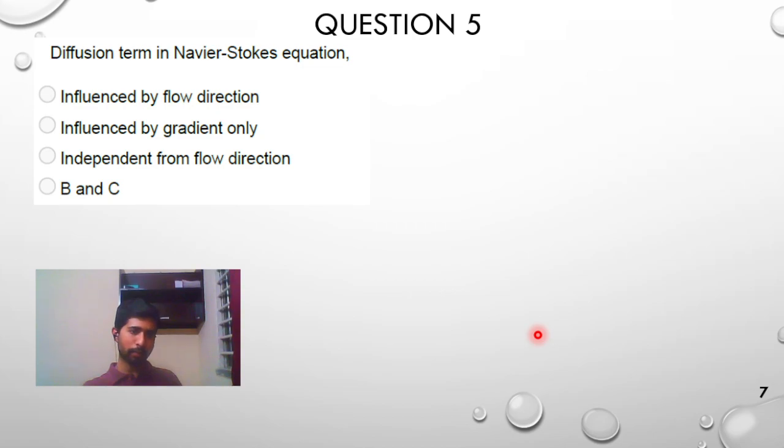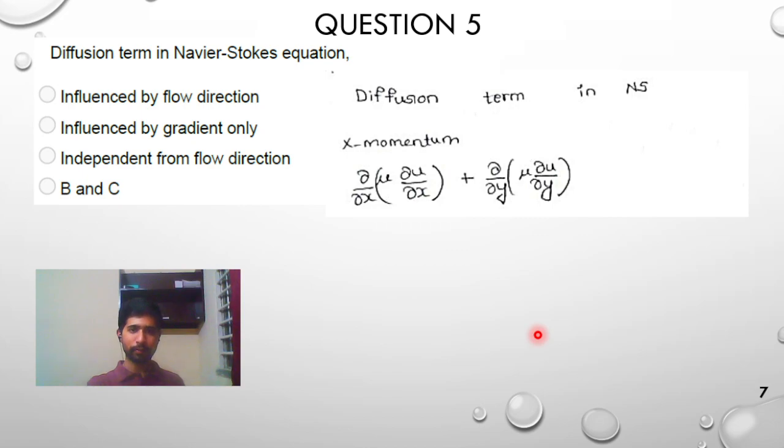Now the diffusion term. What is the diffusion term influenced by? What should be the correct answer for this question? Can you write down on the chat box? Yeah, B is correct, but C is also correct because we do not get any velocity terms in this diffusion term.